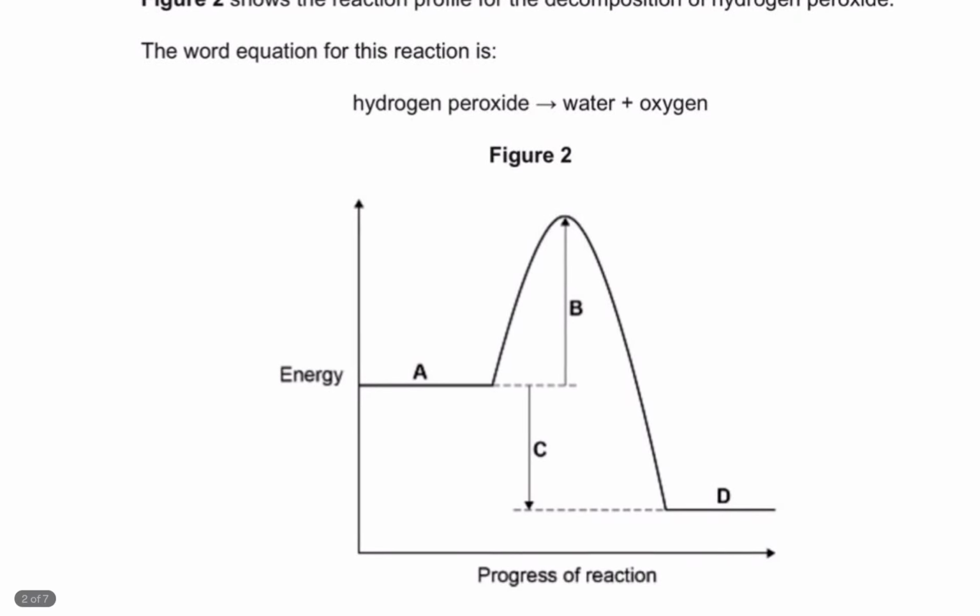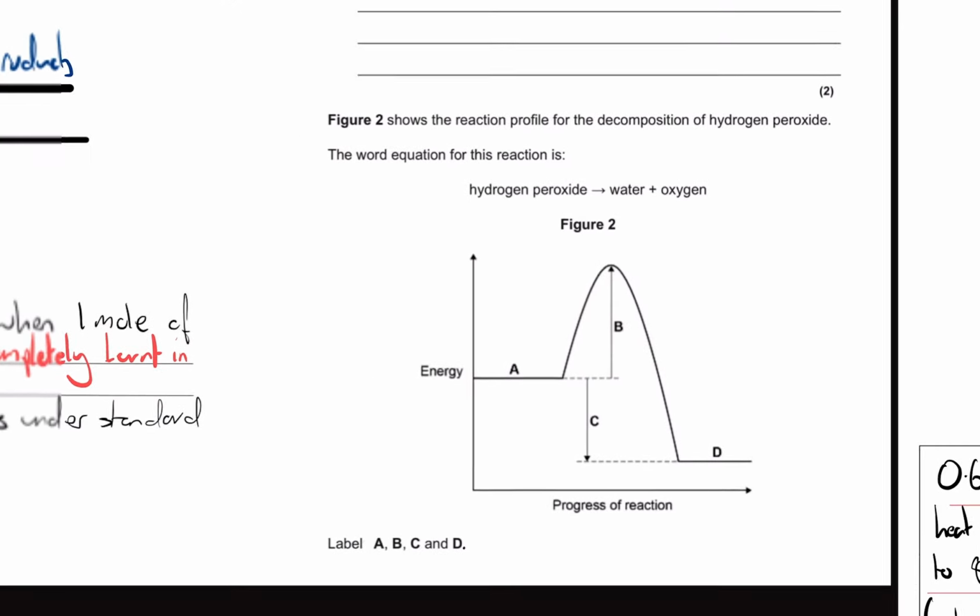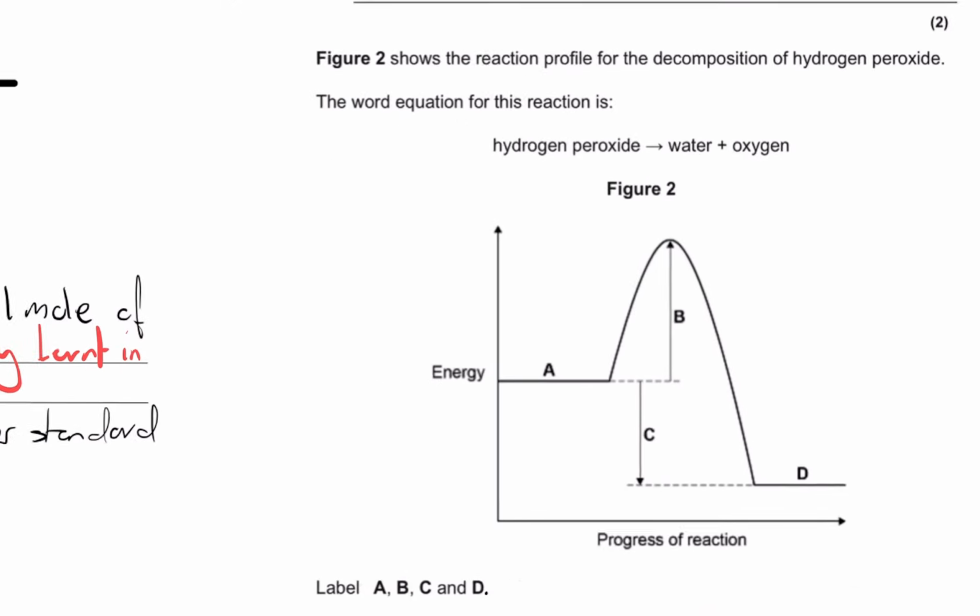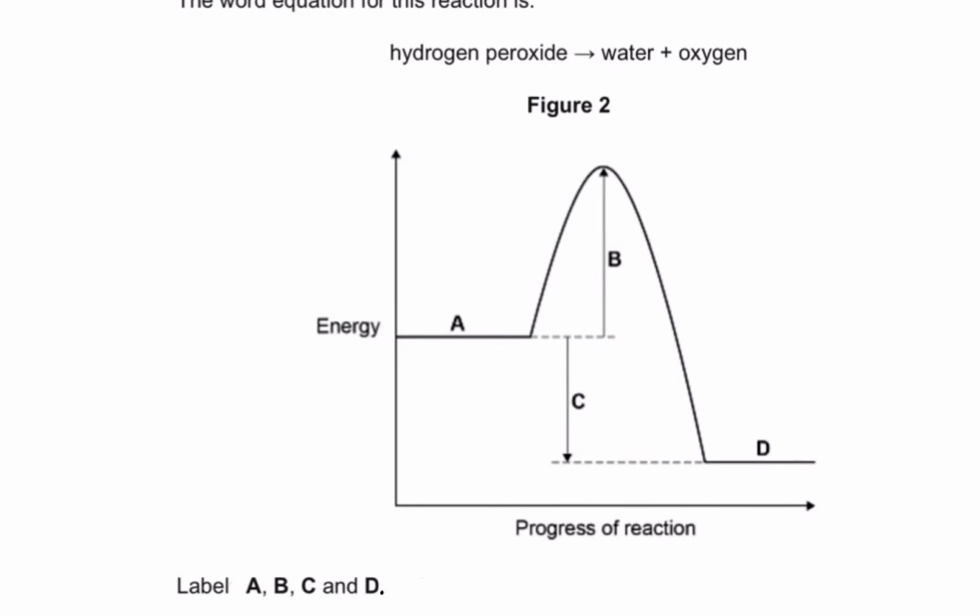Now, here we have to label everything. A is our reactants, so it's hydrogen peroxide. B is our activation energy.